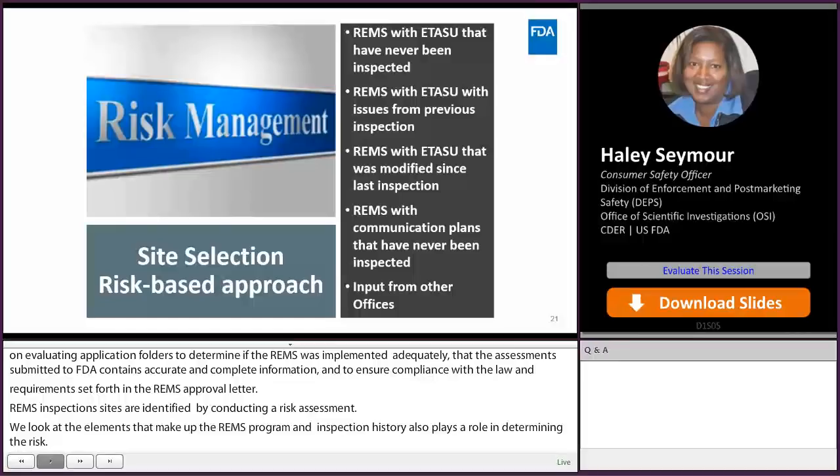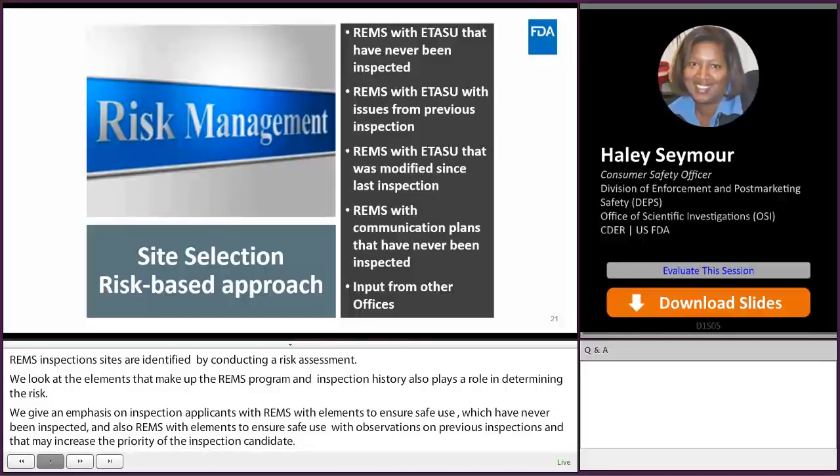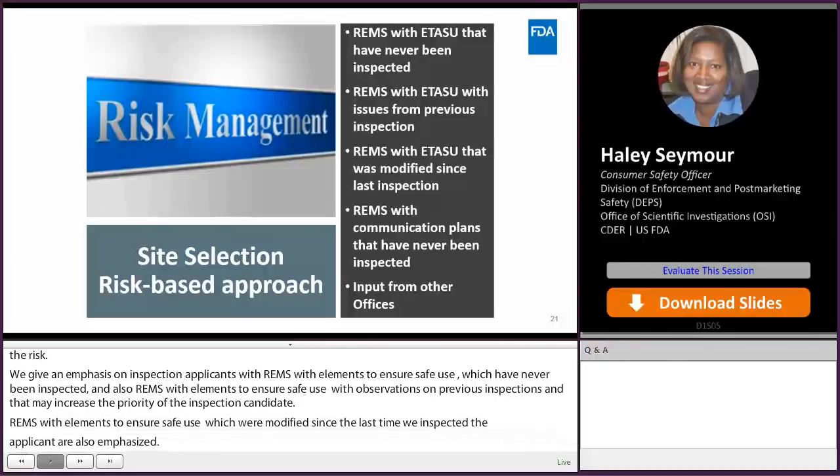REMS with elements to assure safe use which were modified since the last time we inspected that applicant are also emphasized. We also consider information from other groups within FDA, such as the Office of New Drugs and the Office of Surveillance and Epidemiology, and they also evaluate the REMS and REMS assessments.